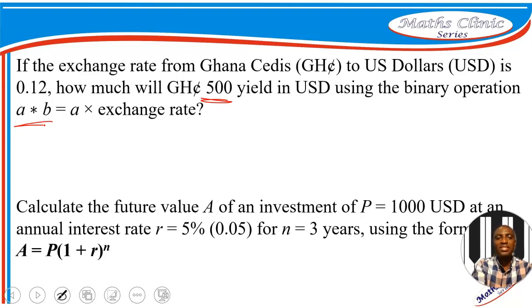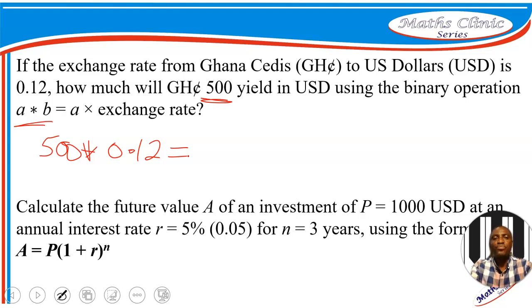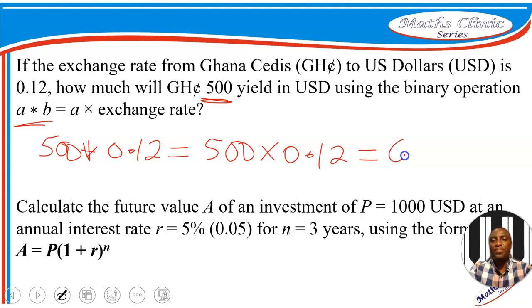And so what it means is that if we have your A to be, let's say, 500 Ghana cedis, and we say star B, which is 0.12, then per the exchange rate, how much would the person have in terms of dollars is going to be the 500 Ghana cedis times the 0.12, and that will give us the amount the person will get in US dollars. Okay, and so that is an example of binary operation.